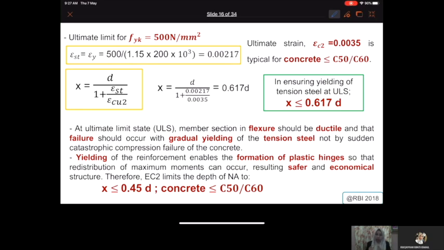The yielding process enables the formation of a plastic hinge, where you have the redistribution of the maximum moment, resulting in a safer and more economical structure. So it will not shoot up straight to 0.617.